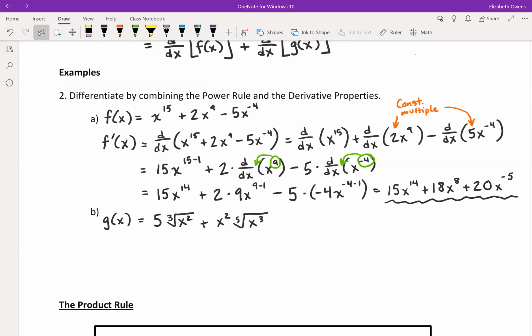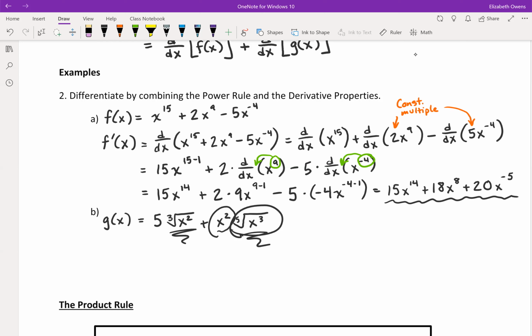Now you might look at that function and say, what are you doing? That does not look like what we've had so far. Here we have an x squared and a radical, and we got all sorts of crazy roots going on here, cube root, 5th root. And so, yeah, you're right, it does look weird right now.